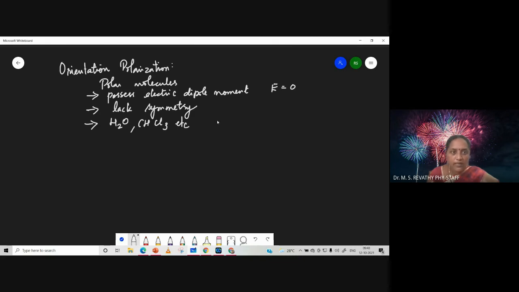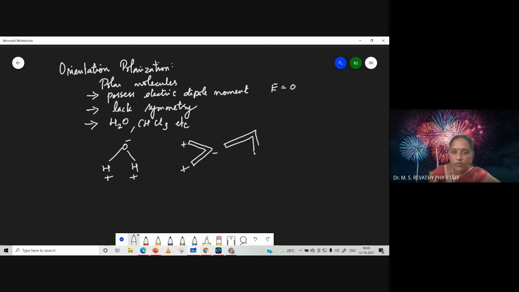Okay. Now let us calculate the orientation polarization expression. I'll just draw some diagrams for H2O. So here oxygen, this is hydrogen. Hydrogen is positive whereas oxygen is negative. In a simple way, I'll show the random orientation. So this is negative, positive, this is negative, positive.